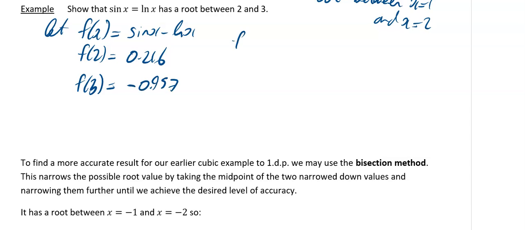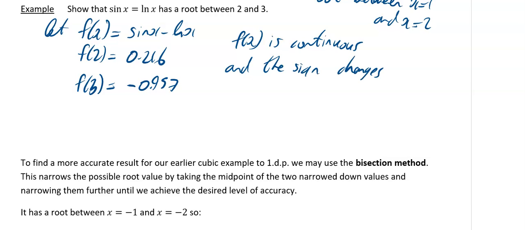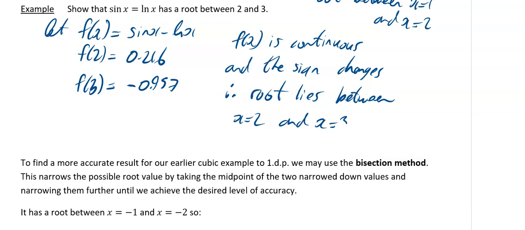So we'll just say f of x is continuous and the sign changes, therefore the root lies between x equals 2 and x equals 3.